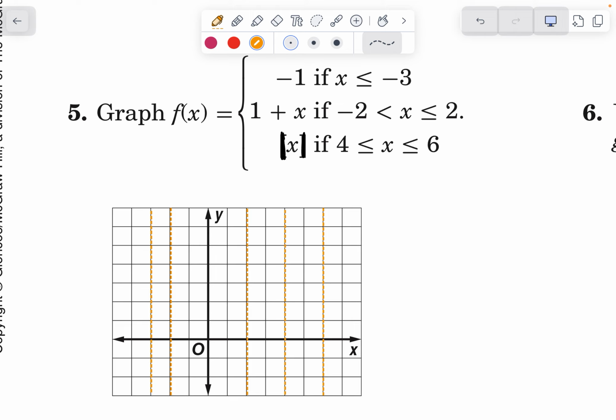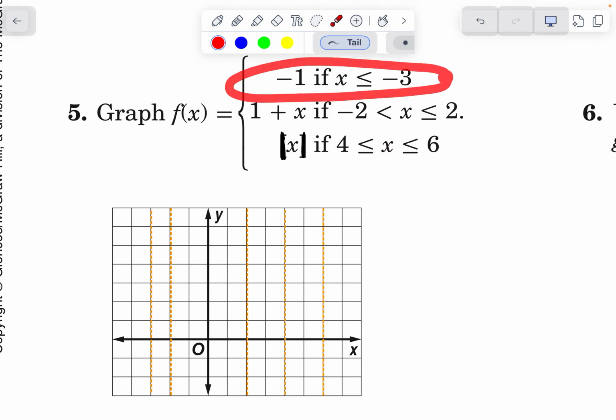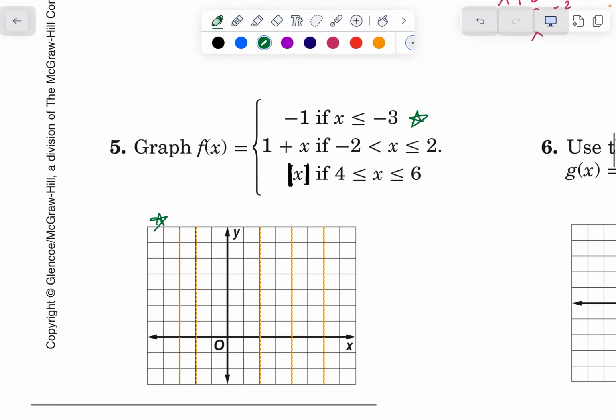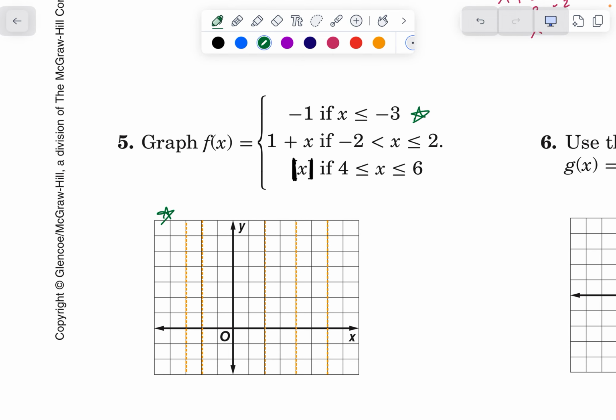So then let's look at what they told us about this first piece. So this one, I'm going to make it green. And I know that it's anything less than -3. So it lives over here. Let me scooch it down a little bit. Okay, so it's anything that's less than -3.